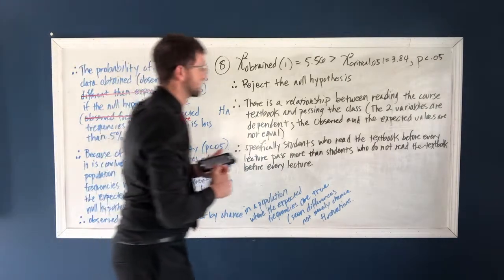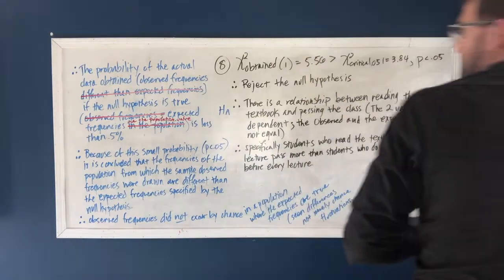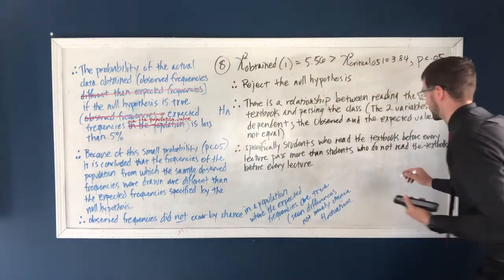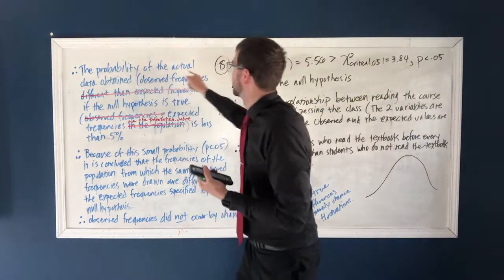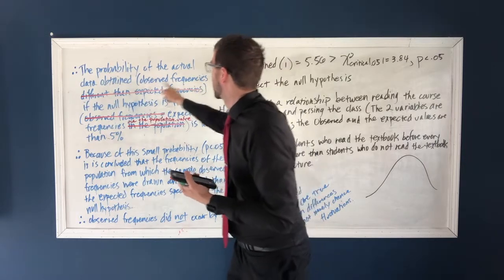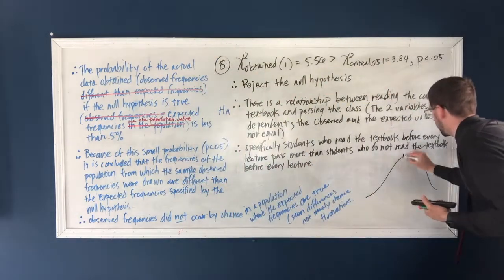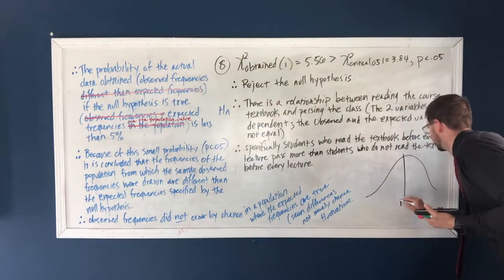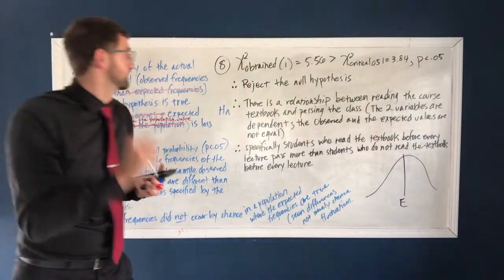Okay, so let's go ahead and draw this out. Once again you could think of it like this. So the probability of the actual data obtained if the null hypothesis is true. So the null hypothesis here can be represented as the expected values. So we'll just draw it like that.